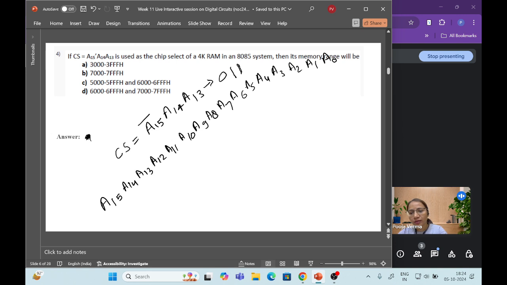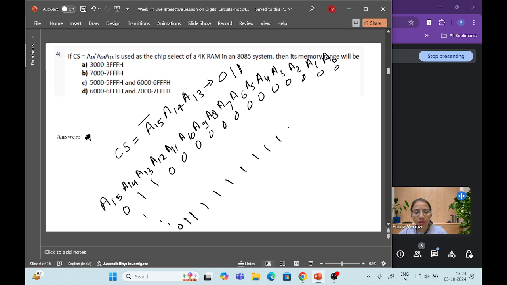As we already know these places are fixed, so 0, 1, 1, and all other places can vary from all 0s to all 1s, right? So 0, 1, 1 are fixed. Now if we take grouping, what is it? 6000 in hexadecimal, right?